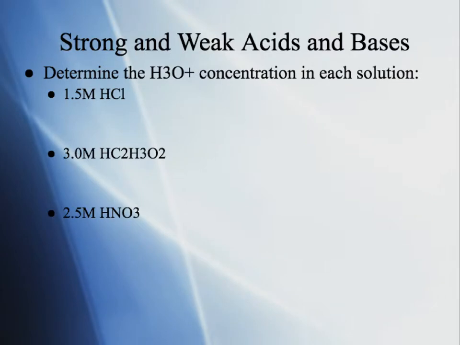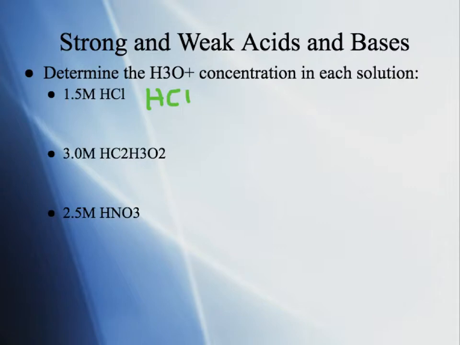All right, so when we're talking about strong and weak acids, we can determine the hydrogen ion or hydronium ion concentration in the solution just by characterizing it as a strong or weak acid. For example, if it asks you to determine the H3O plus concentration in each solution, if we have 1.5 molar HCl, HCl, like we've seen previously, is a strong acid.